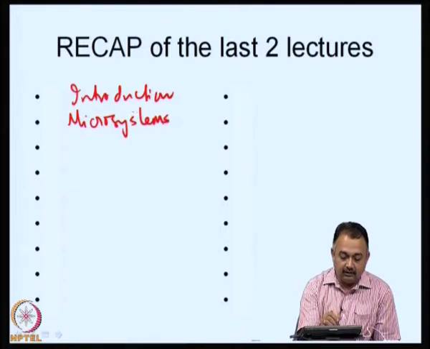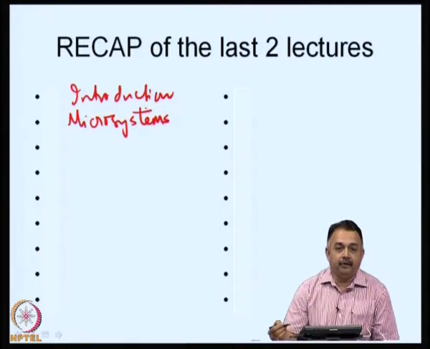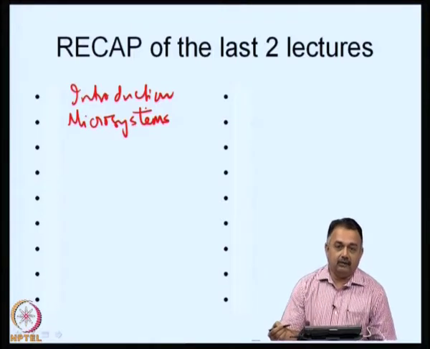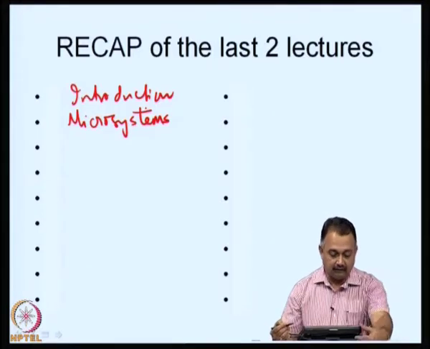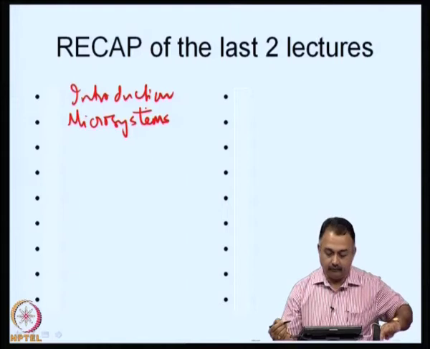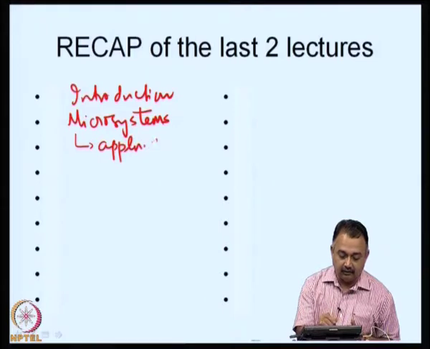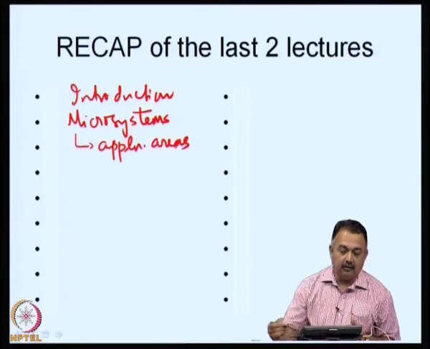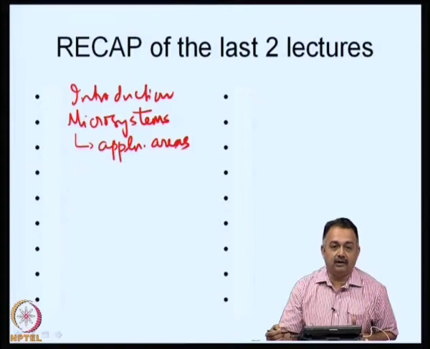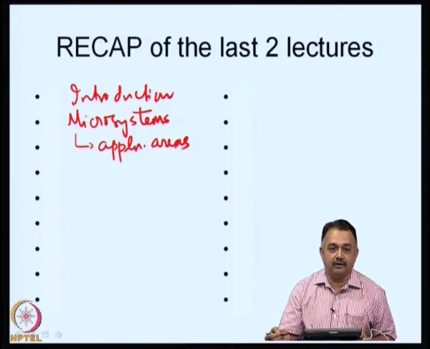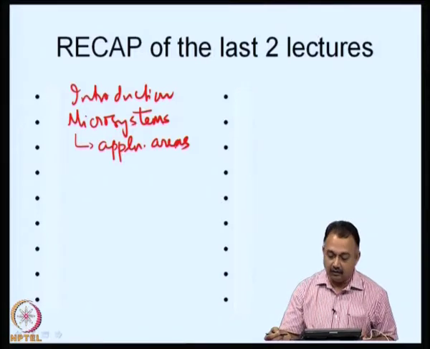I am introducing this term because many products today come under this classification. Then we have seen various application areas, and system configurations in the field of automobiles, consumer electronics, communications, military and so on.